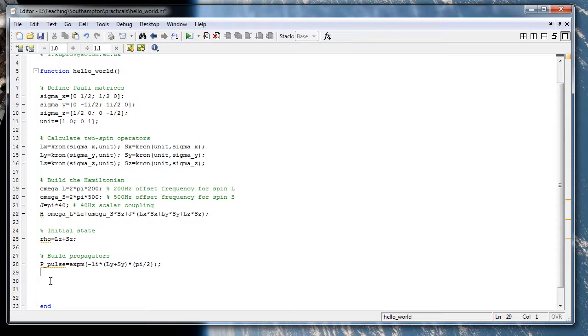Now we need the propagator for the evolution. P evolution, and that will also be an expm minus 1i times our Hamiltonian times the time step. And we do not yet know what our time step is going to be, because really it does depend on the scale and the frequency of the processes that occur inside the system.